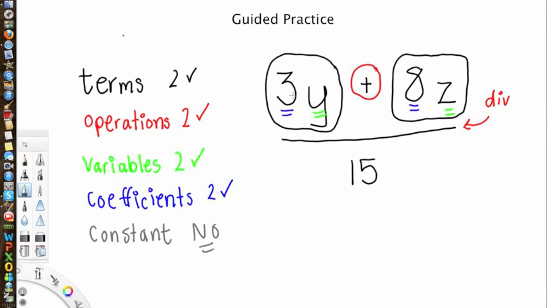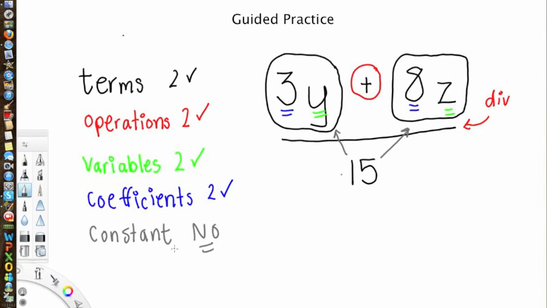Well, if we look at it right up here, we have 3 y's. But technically, we have 3/15 of a y. And how many z's do we have? Well, at a quick glance, we have 8 z's. But technically, we have 8/15 of a z, since we need to divide both of these terms by 15.